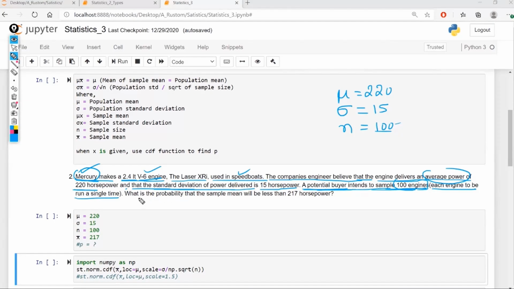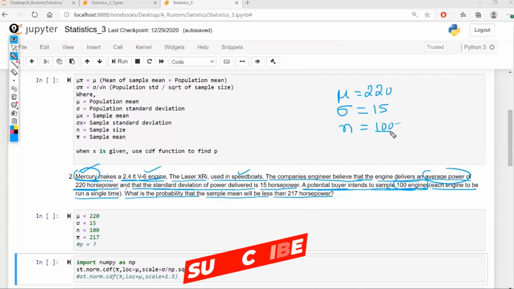So the question is, what is the probability that the sample mean will be less than 217 horsepower? He claims 220 horsepower, and he is checking. If the sample horsepower is less than 217, maybe he wants to cancel the order, maybe he doesn't want to buy.